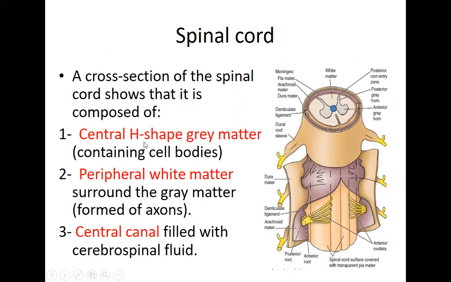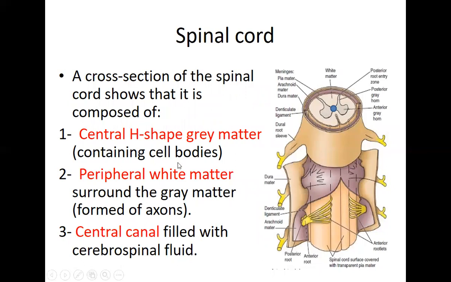So the H-shaped central gray matter contains the cell bodies. Whenever it is gray, it is usually because of the cell bodies of the neurons. And white matter is because of the axons covered by myelin sheath. The peripheral white matter surrounds the gray matter and is formed of axons. Everywhere here there will be axons, so that's why it looks white, because it is covered by myelin sheath.